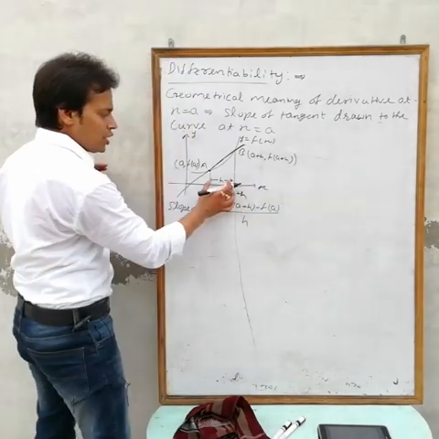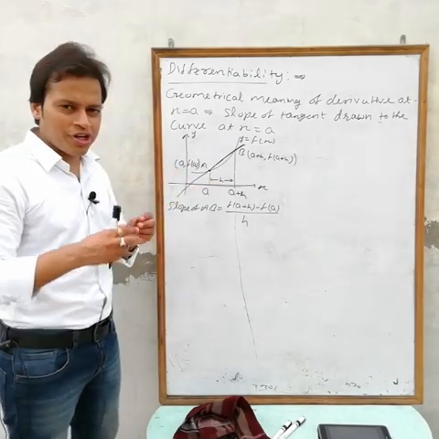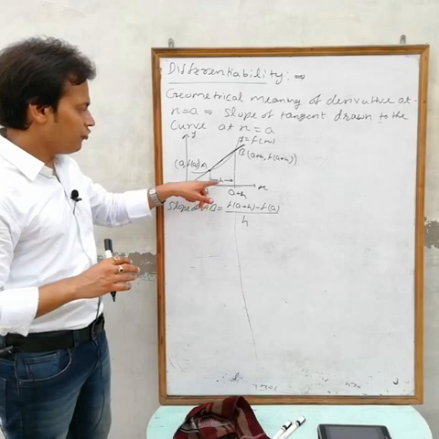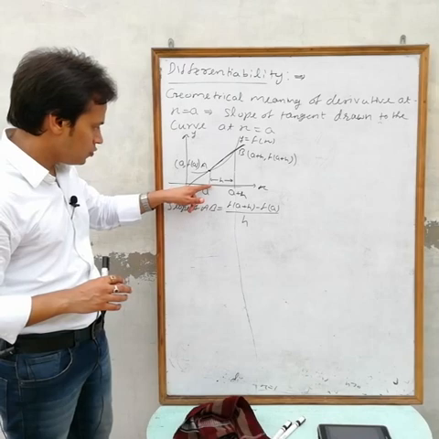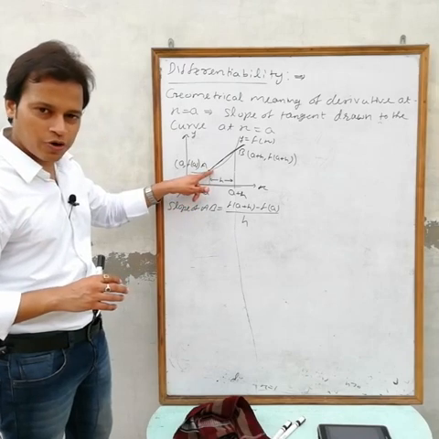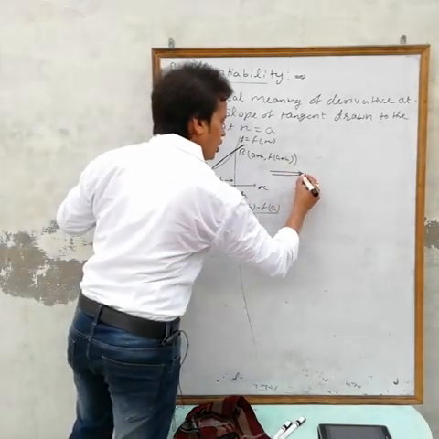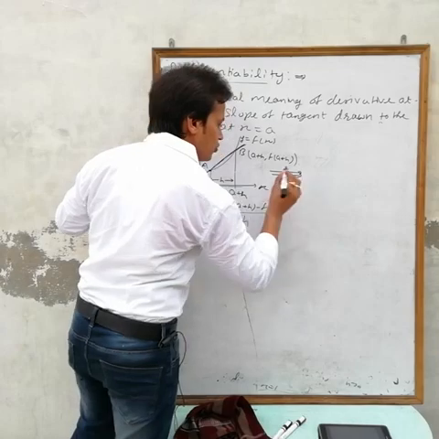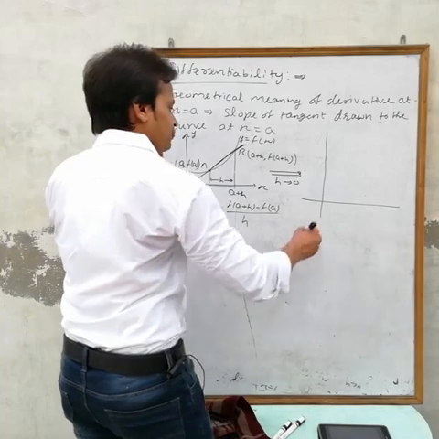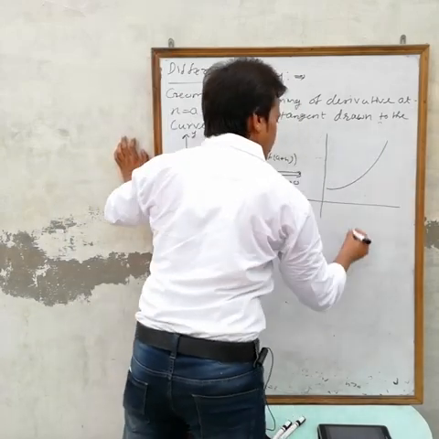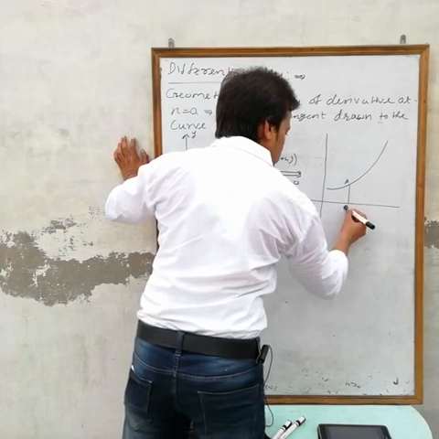So in this, h is the measure of the difference. If this difference tends to 0, then this point is just next to A, and we get the slope of the tangent. So I am taking h tending to 0. Now see what happens. This is the same graph, this is A, and the x coordinate is a.